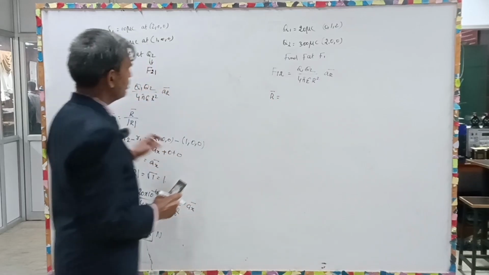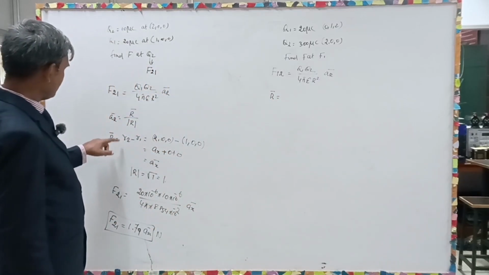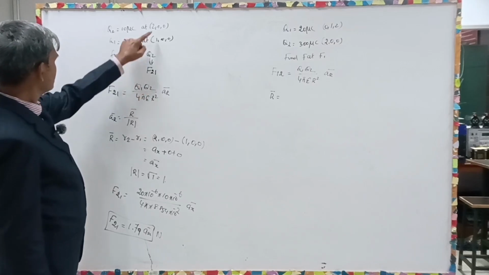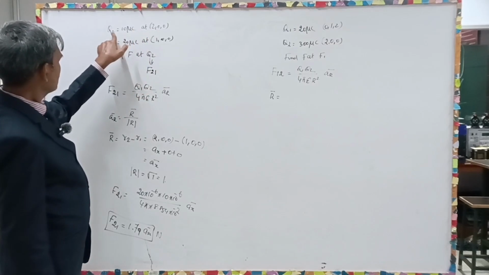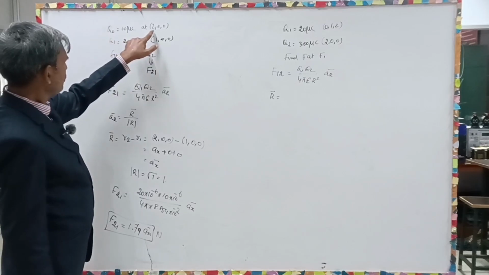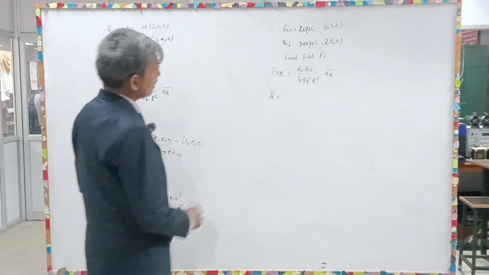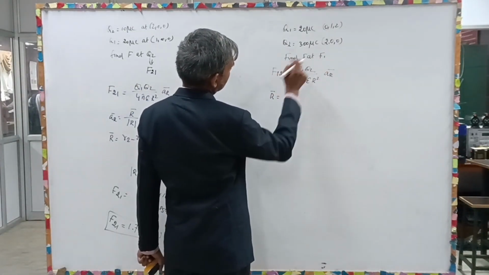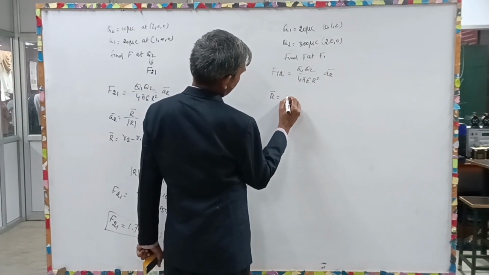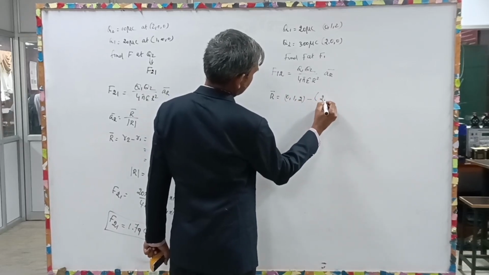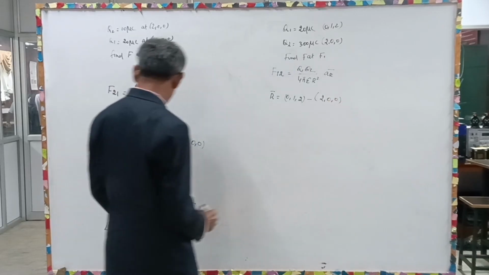You can look into this problem. First we are finding F2, so that's why first we put the Q2 value 2, 0, 0. Here F1 is 0, 1, 2 minus 2, 0, 0.